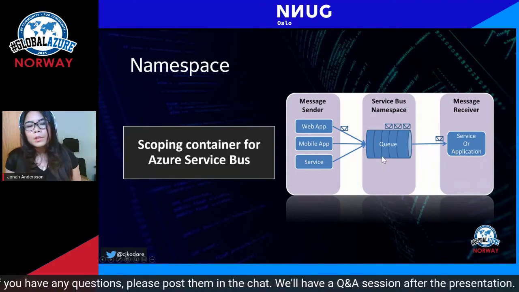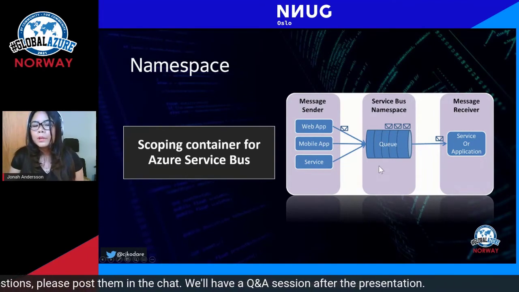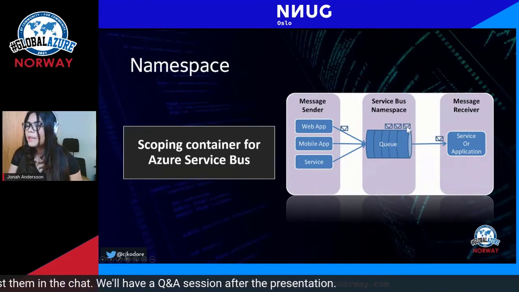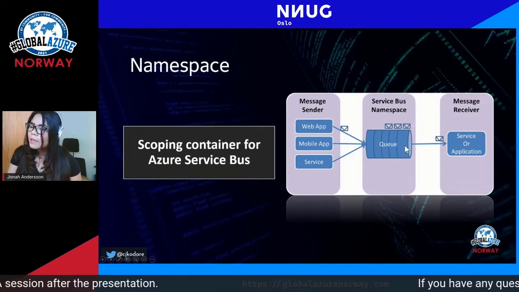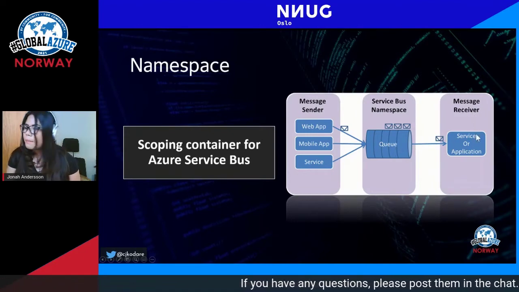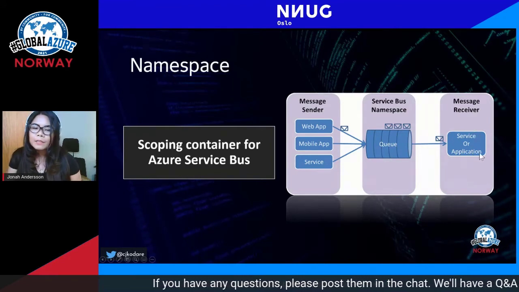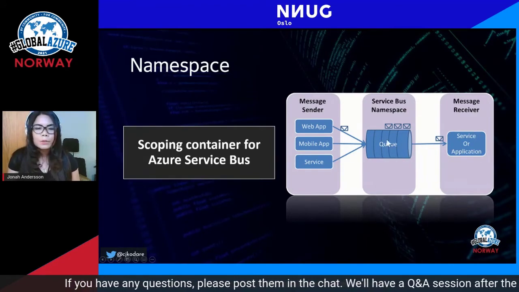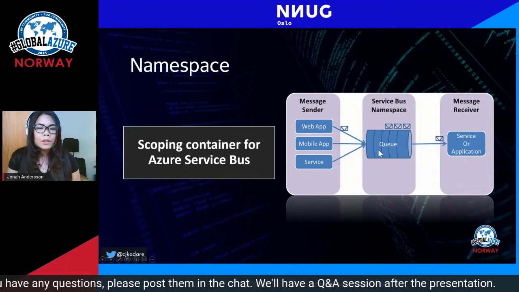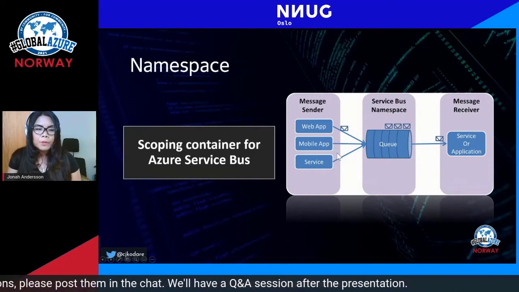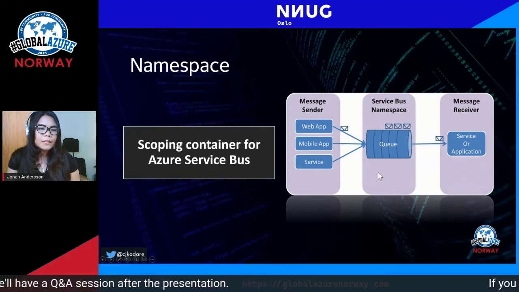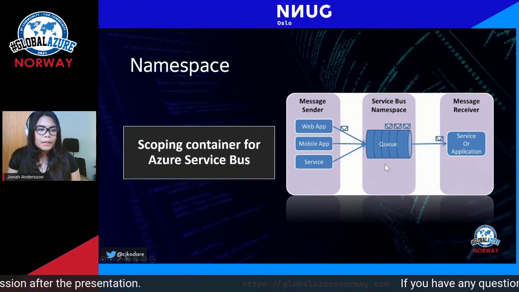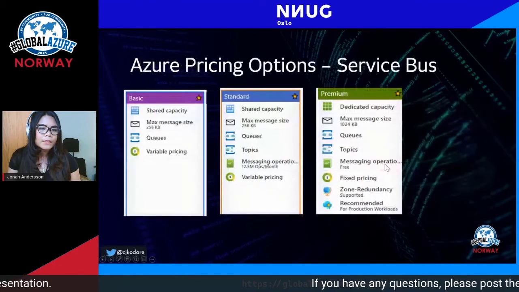In a namespace, you can also have several queues and several topics, and it's your queue that forwards those messages to the message receiver clients depending on when it is retrieved. So it's kind of like storing in the queue in the cloud. So creating a namespace is necessary in getting started with this.